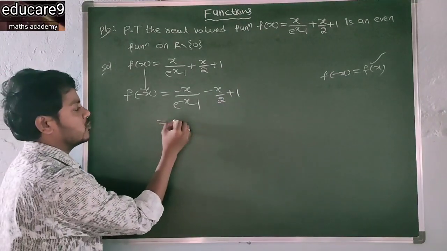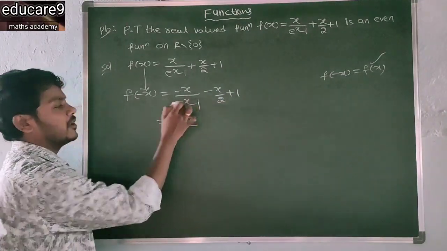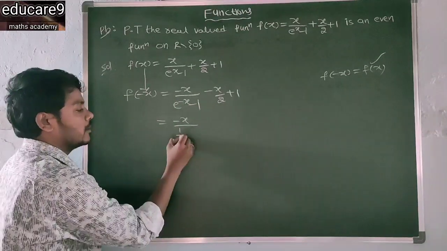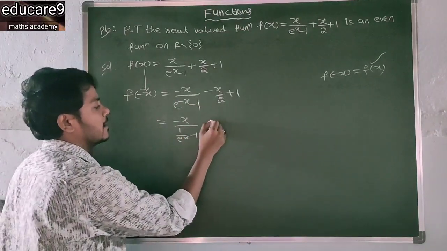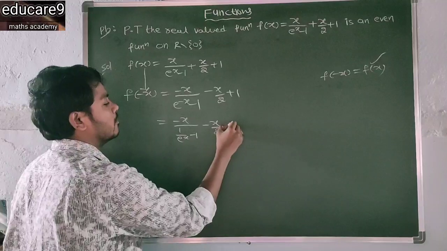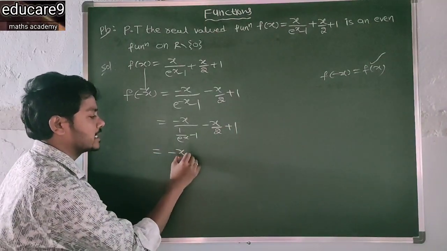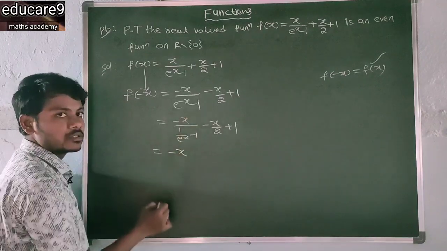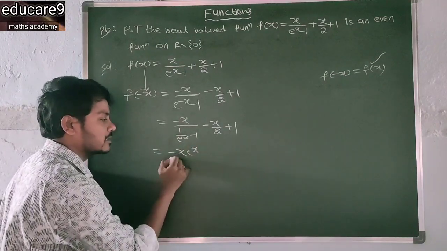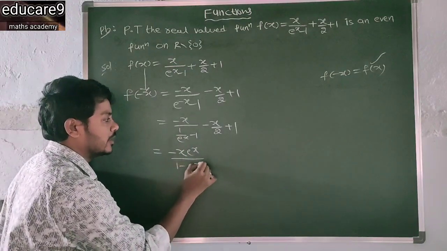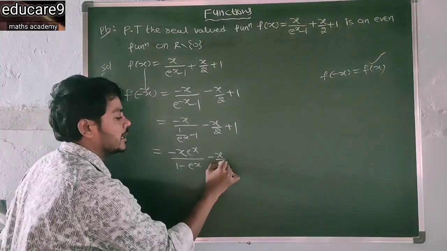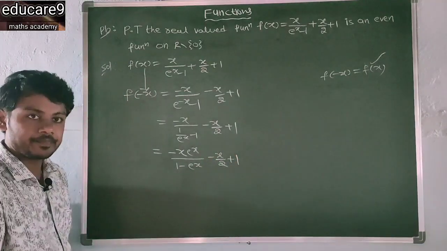Now again this is what? Minus x by e power minus x, write as 1 by e power x minus 1 minus x by 2 plus 1. So clearly this is equal to minus x e power x goes to numerator, that is e power x by 1 minus e power x minus x by 2 plus 1.